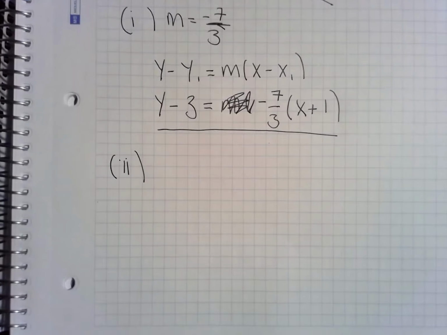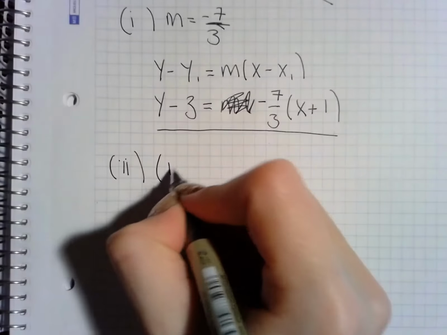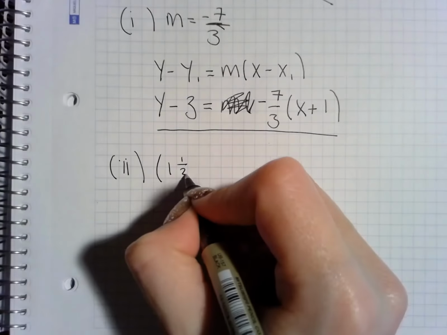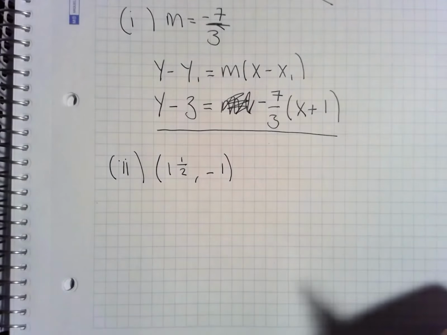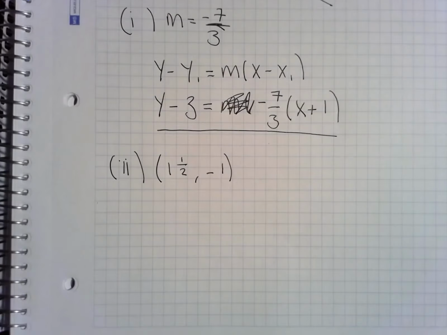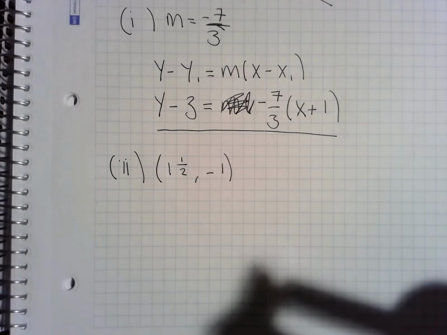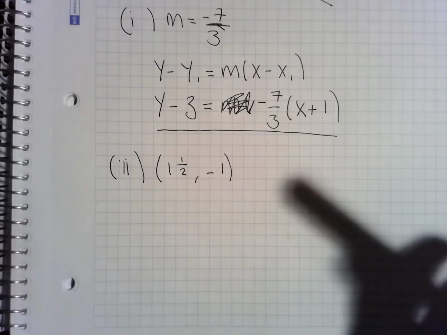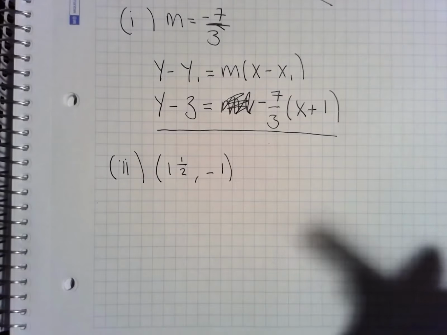Okay, so part A says the point 1.5, minus 1 is the midpoint of AC. Find the coordinates of the point A. So let's figure this out.